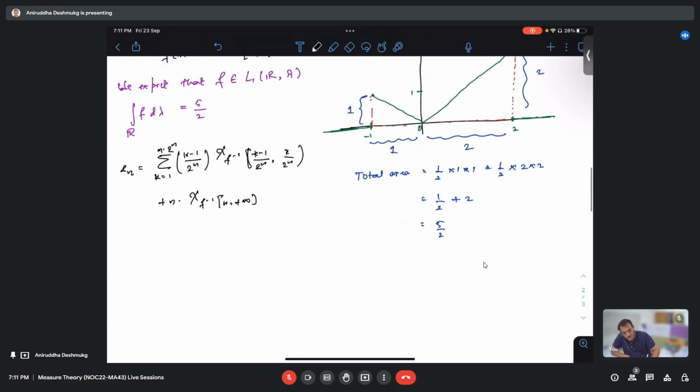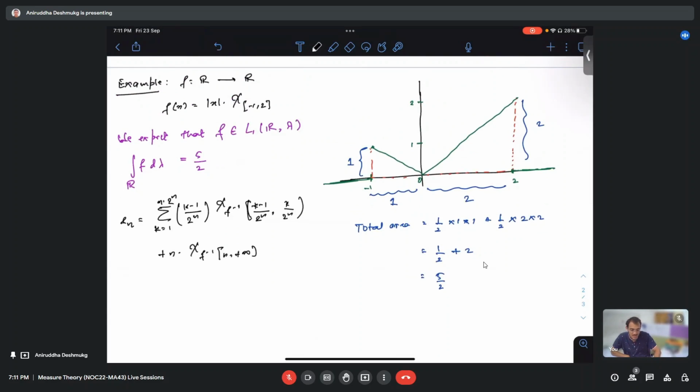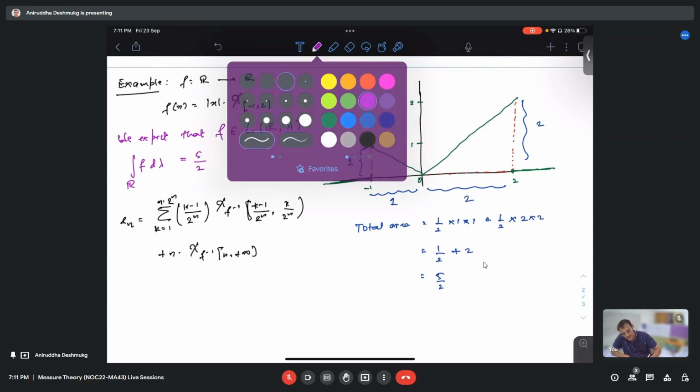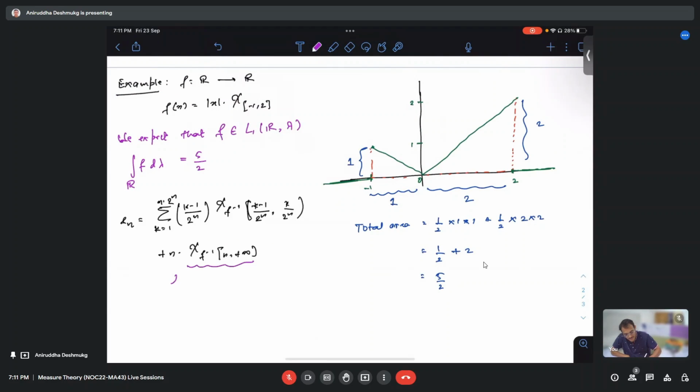Now there is a thing to notice: since this is a bounded function, after a certain time this is not going to contribute, in particular for n bigger than or equal to 2.